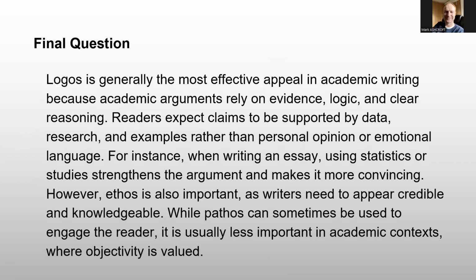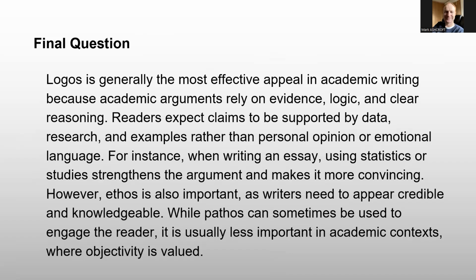Okay, here is my answer for you. Logos is generally the most effective appeal in academic writing because academic arguments rely on evidence, logic, and clear reasoning. That's very, very important. The reader will expect the claims to be supported by data, research, and examples, rather than only personal opinions or emotional language.